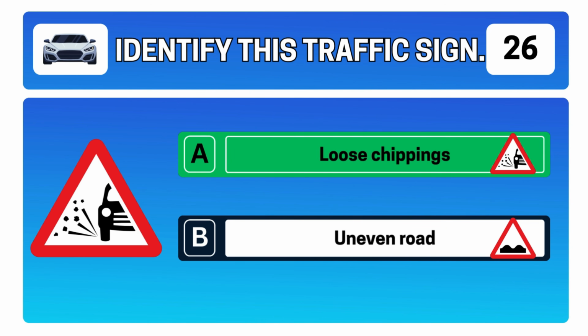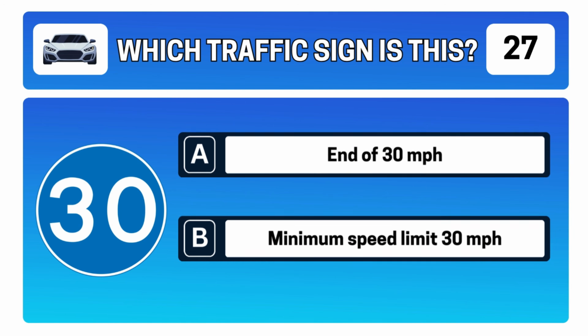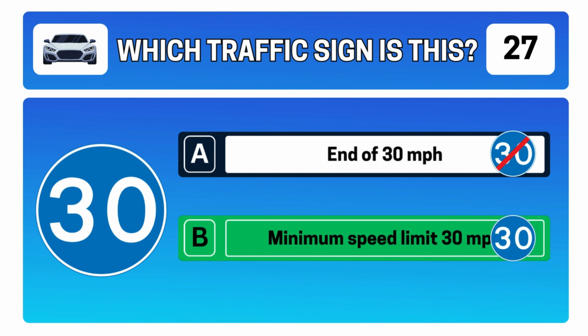Exactly. It is the loose chippings sign. Which traffic sign is this? A. End of 30 miles per hour. B. Minimum speed limit 30 miles per hour. Well spotted. It is the minimum speed limit 30 miles per hour sign.